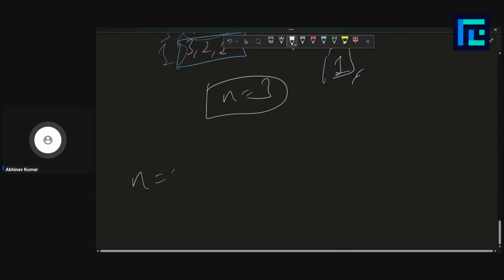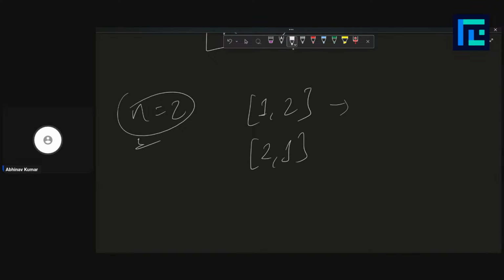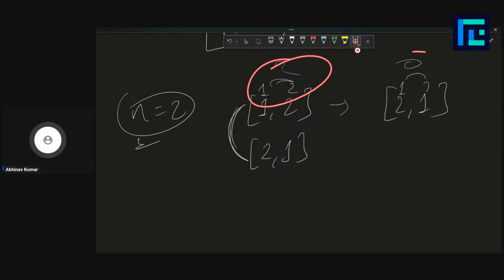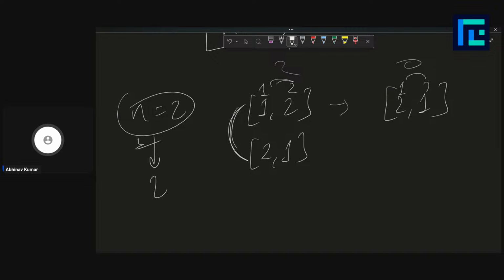Let's look at n equal to 2 as well. If you look at n equal to 2, the only permutations you can have are 1, 2 and 2, 1. This cyclic shifted is 2, 1 only. So these two permutations are actually the same, and their value for this would be 2 and for this would be 0. So the max among the two is 2. So if you pick any of these permutations, the GP value you get would be 2.